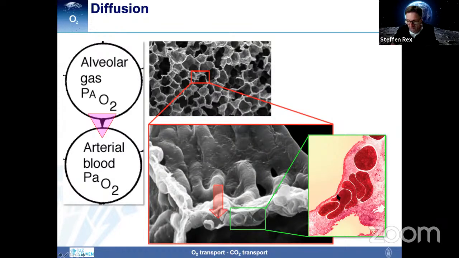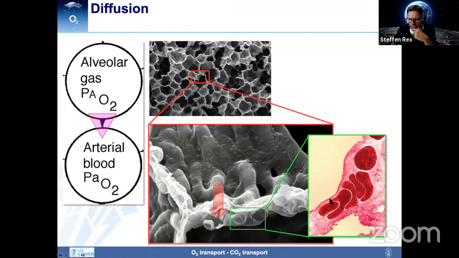Then you have a short interstitium. Then you have the capillary endothelium. Then you have here some erythrocytes that are compressed through the small capillary, and then you have the same again: endothelium, interstitial space, and epithelium of the alveoli.